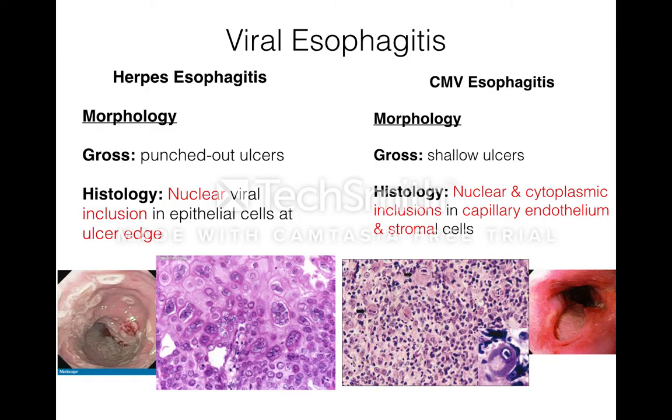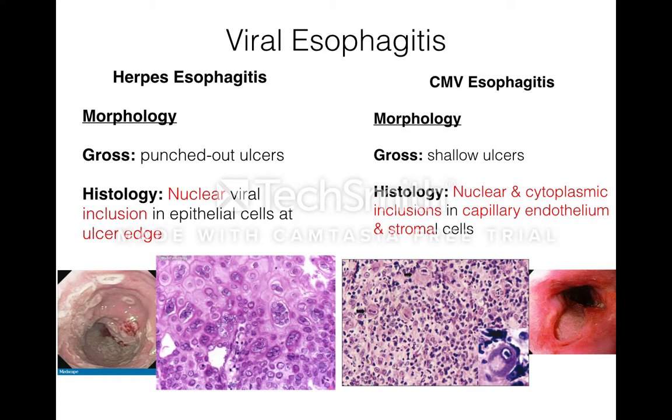Okay, so viral esophagitis, we like to compare herpes esophagitis to CMV esophagitis. In herpes, you're going to get these punched out ulcers, whereas in CMV, the ulcers tend to be a bit shallower, but they're also well demarcated.